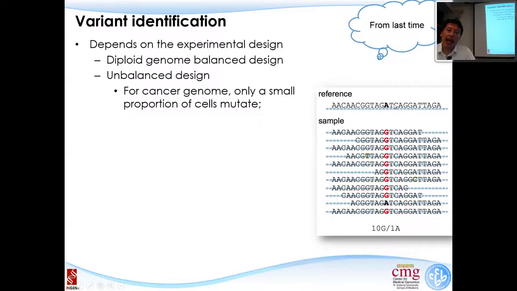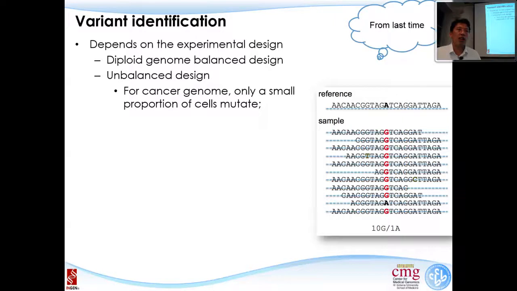If this is an unbalanced design, there are several different types of unbalanced design. The first one is the cancer genome. If you sequence a cancer tumor tissue sample, in some cases the tumor purity is not going to be 100%, meaning that only a small proportion of the cells are cancer cells.